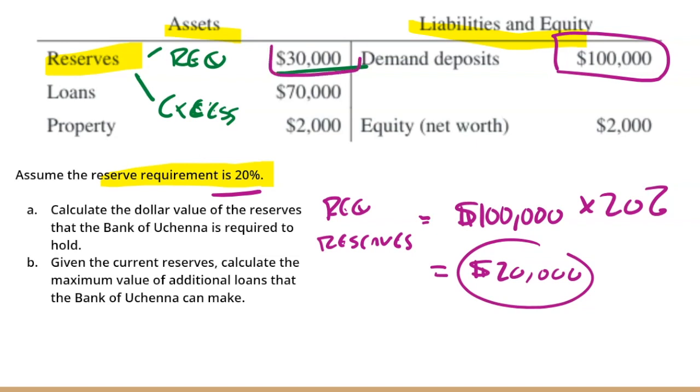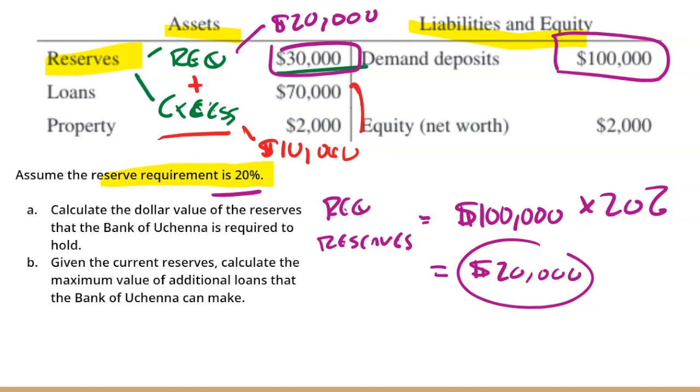So out of this $30,000, the bank is required to hold on to $20,000 of it, which means that our excess reserves is $10,000, because our required plus our excess should get us to our total reserves. Well, that's what Part B is asking. Part B is asking, given the current reserves, what is the maximum value of additional loans the Bank of China can now make? We don't look at the $70,000 in loans because that represents the loans that were already being given out.